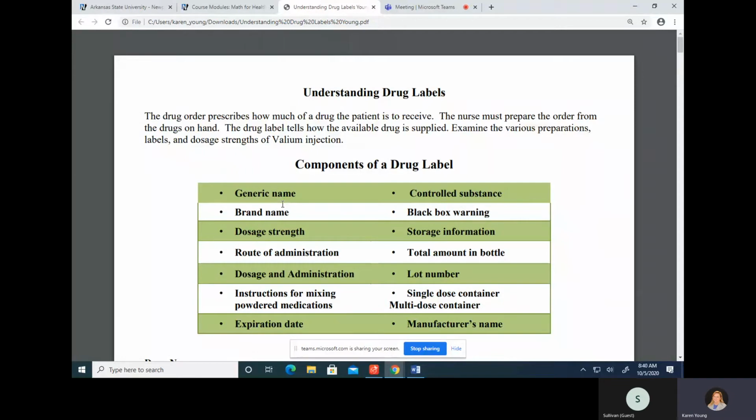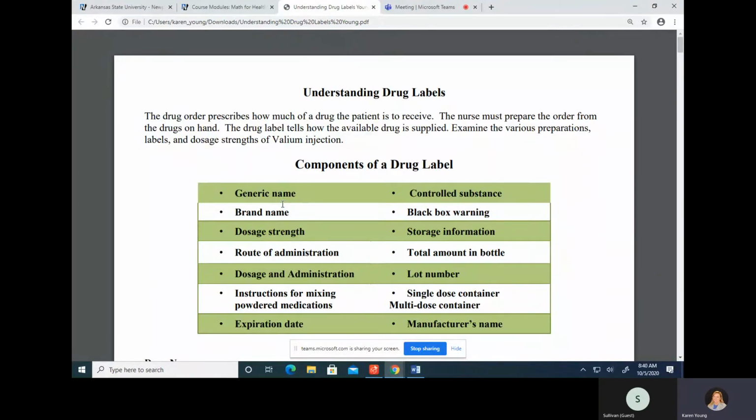It doesn't have the preservative in it to keep it from being contaminated. The multi-dose vial, because once you puncture the top of these little vials, you can create a little air space to get in. And so tiny microorganisms can get in. So the multi-dose vial will have that preservative in it.